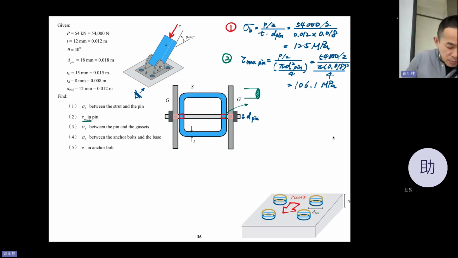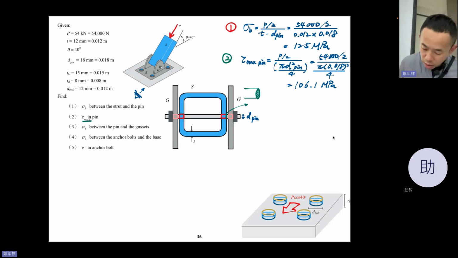And the third one, sigma b between the pin and the gusset. You notice that when the red part stops the blue part, the force will transmit to the gusset, right? So the gusset will stop the pin. The gusset uses this pink area to bear the force from the pin.